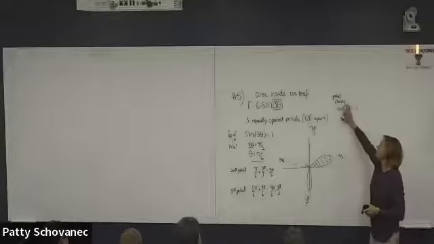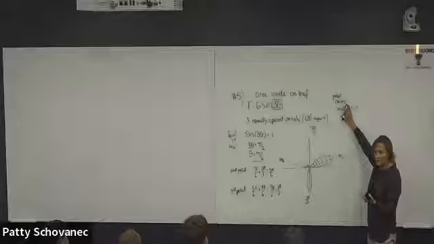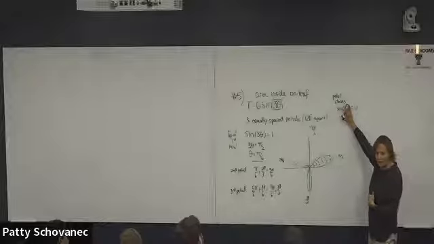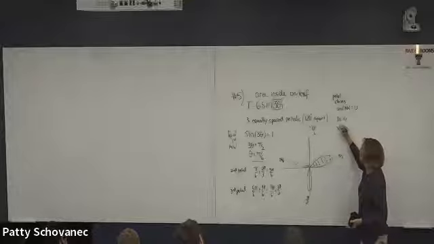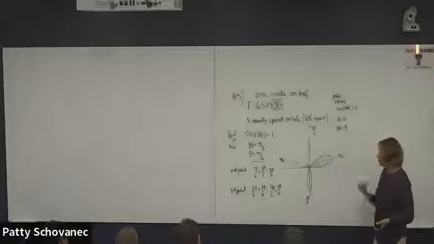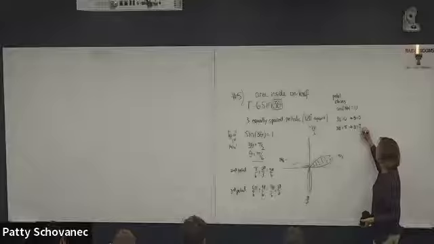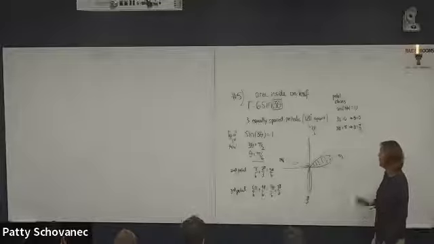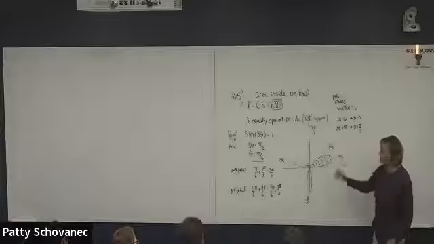Consecutive zeros of the sine function, if you think about in the xy plane or in a unit circle, occur at an angle of 0 and at an angle of pi. So we need 3 theta to be 0 and 3 theta to be pi. So for the rose curve, when I solve for theta, we get theta is 0 and theta is pi over 3. Those will be my limits of integration: theta is 0 to theta is pi over 3 to get that first petal.